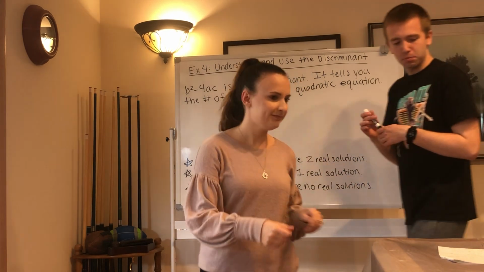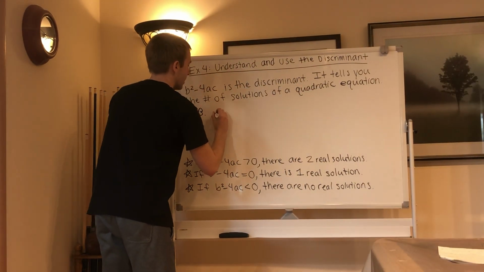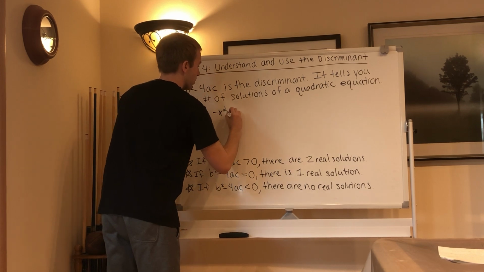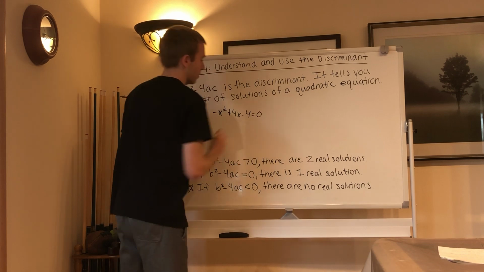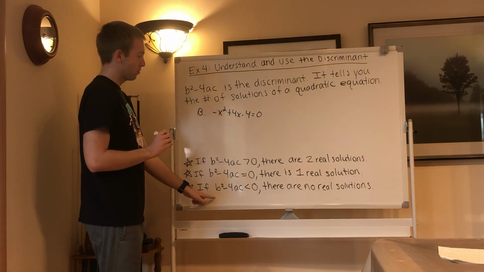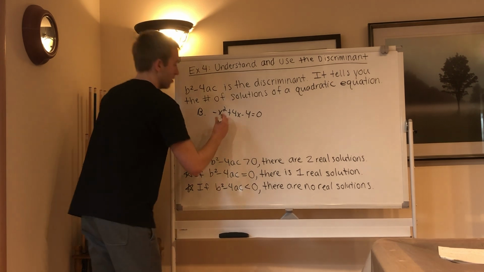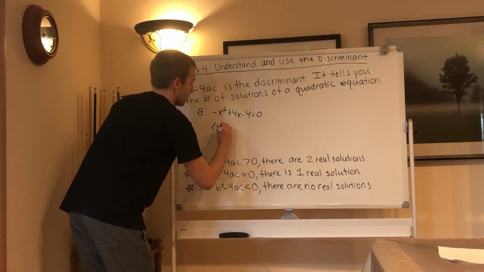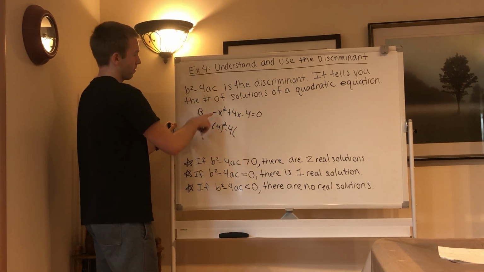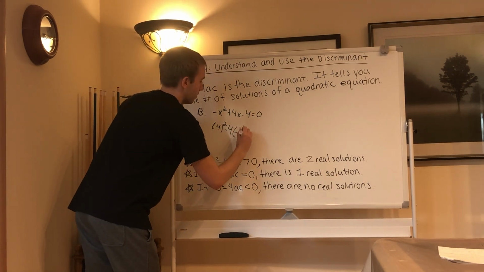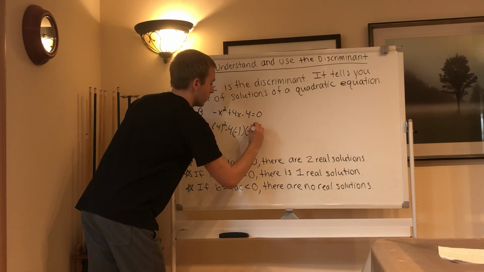All right, now for example B, we have negative x squared plus 4x minus 4, once again equal to 0. So using our discriminant formula, b squared minus 4ac, our b is 4, so we have 4 squared minus 4 times our a being negative 1, times our c being negative 4.